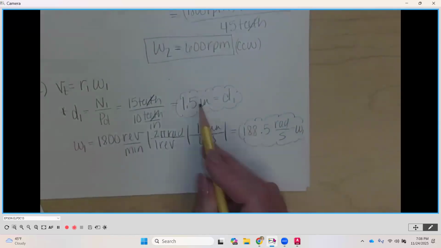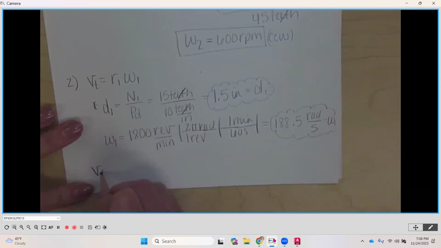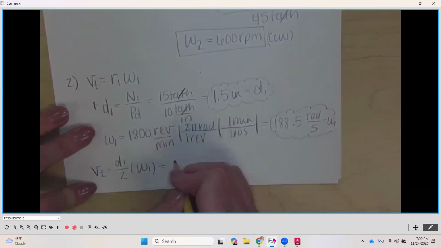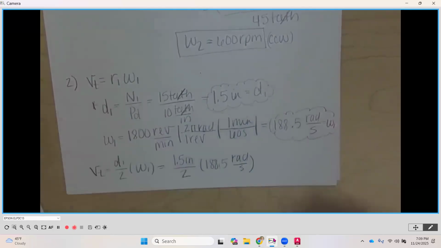Okay. And now these two values we're going to use in that pitch line speed. So VT is going to be equal to D1 divided by 2 times W1 in radians per second. So this is going to be 1.5 inches divided by 2 times 188.5 radians per second.